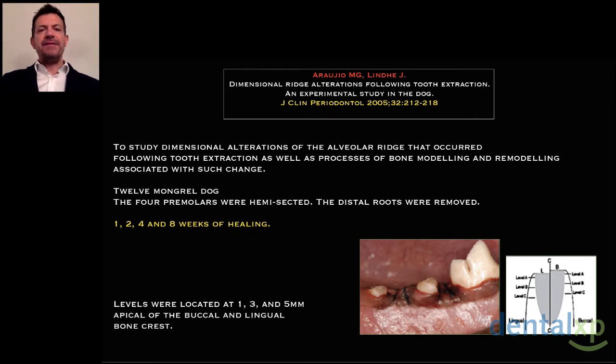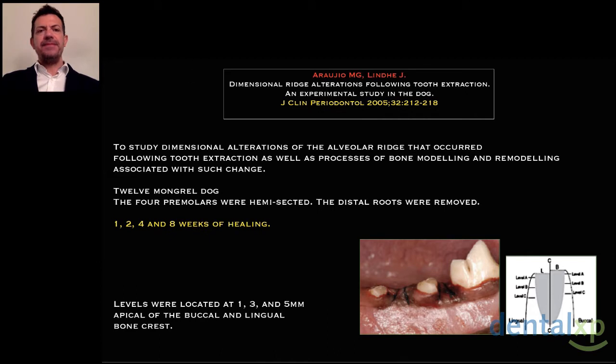In 2005, another paper was published by Maurizio Araujo and Jan Lindhe, again in the Journal of Clinical Periodontology. This time, they evaluated the healing of post-extraction sockets 1, 2, 4, and 8 weeks after extraction.